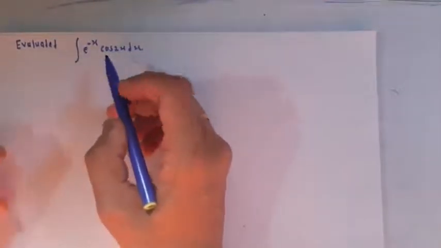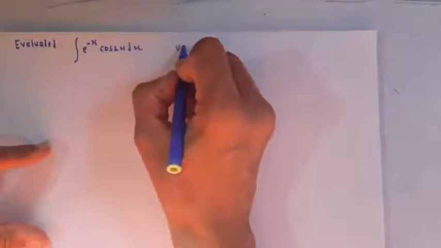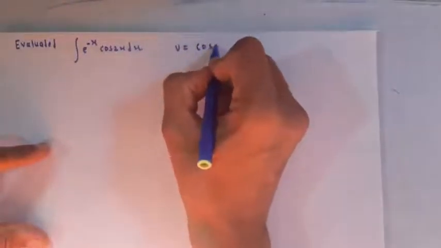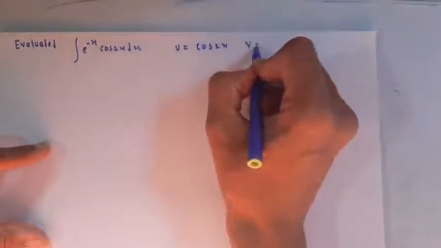Now suppose we consider u as cos of 2x and v as e raised to minus x.